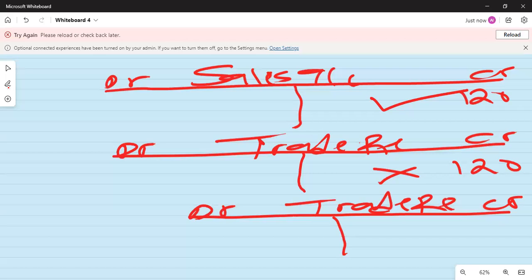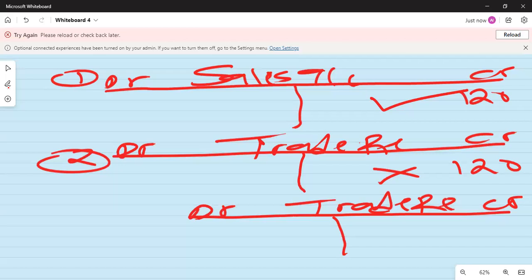Let's say this first one is 1 and this is 2. This one is correct, crediting the revenue account with 120. But this account should have been debited with 120.